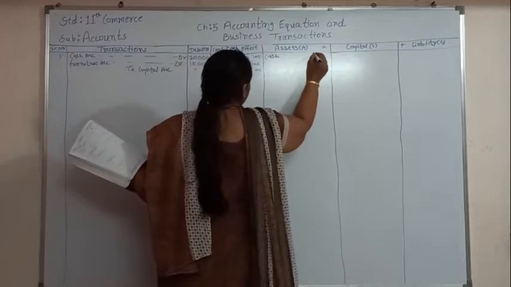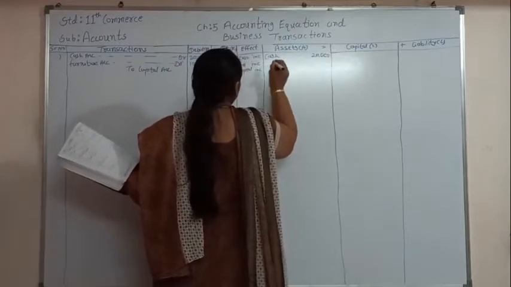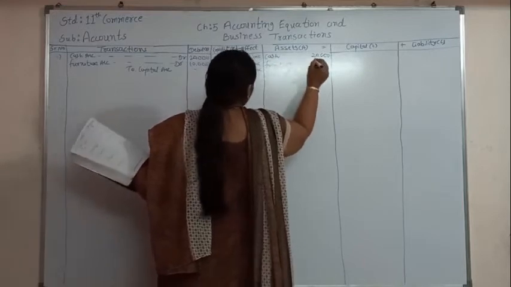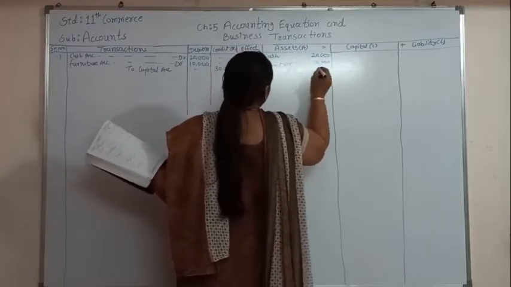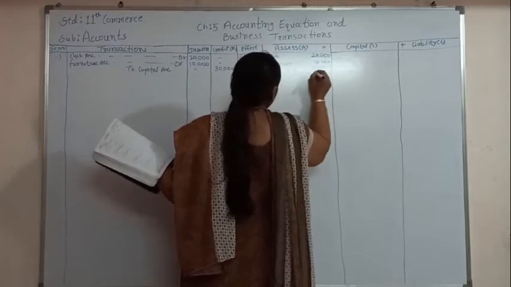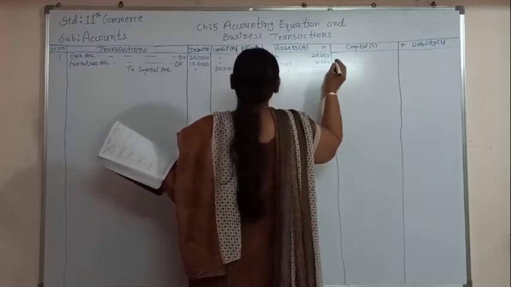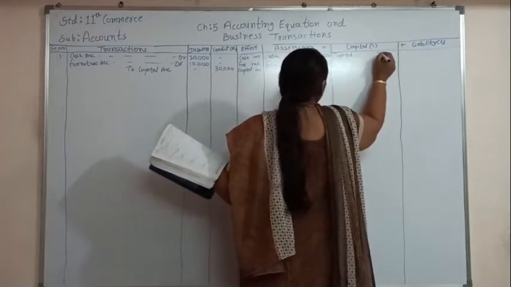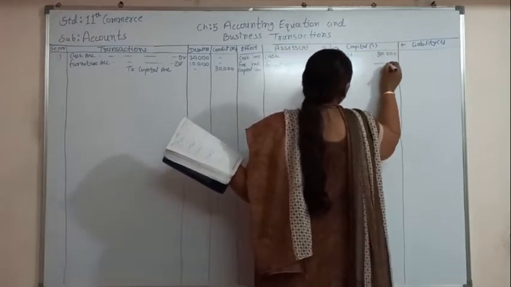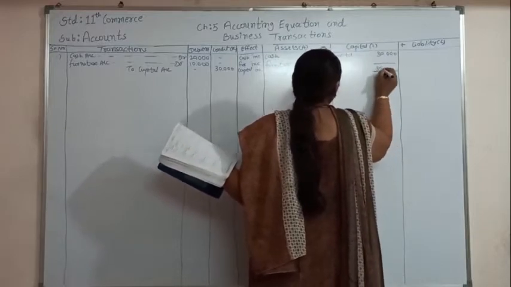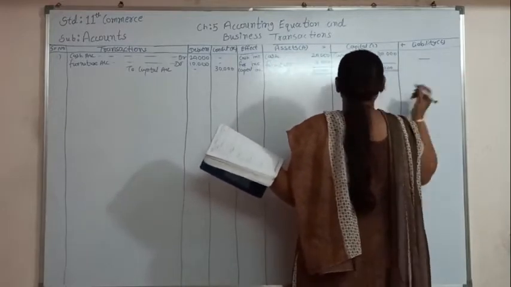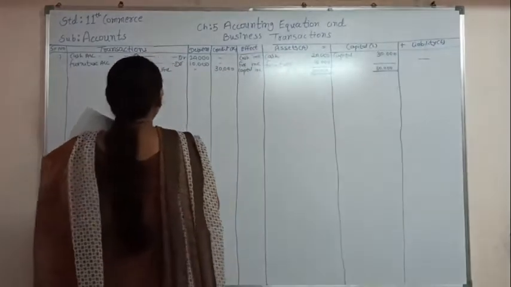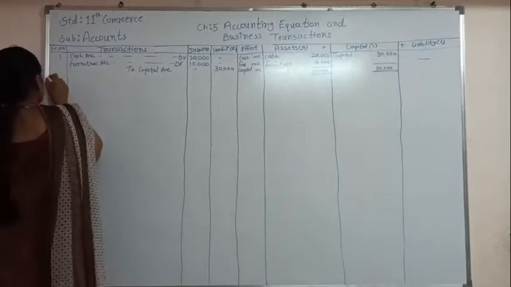So cash is 20,000, furniture is of 10,000, so total will be 30,000, and here again capital is of 30,000. So here we can see that total of this will be the same. So this is the first transaction.